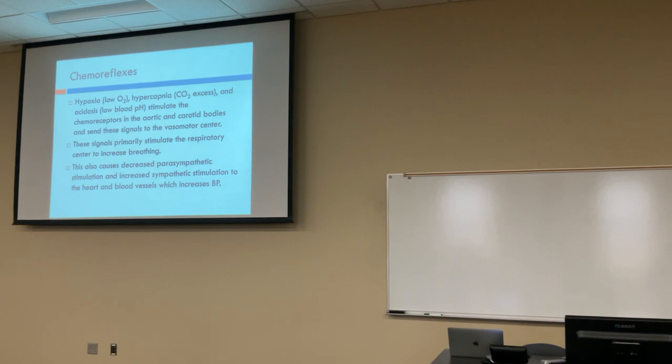Then the stimulation of the vasomotor center in the brainstem will be decreased from the chemoreceptors, and so you'll get a decreased sympathetic stimulation of the heart and blood vessels, an increased parasympathetic stimulation. That will result in a decrease in blood pressure. Let's see.